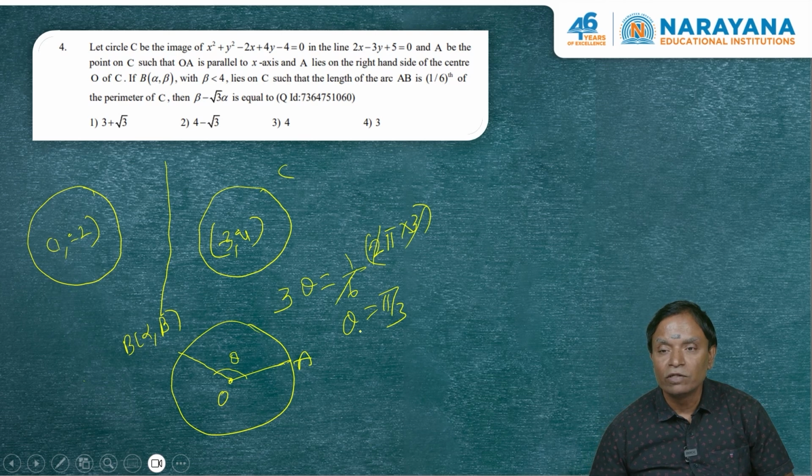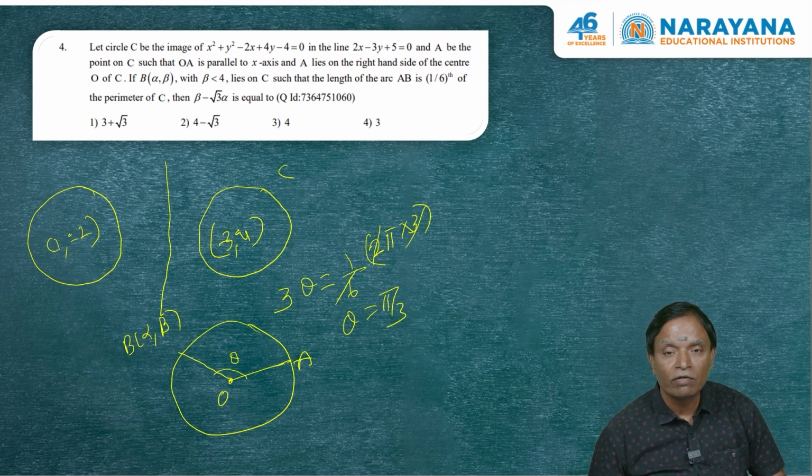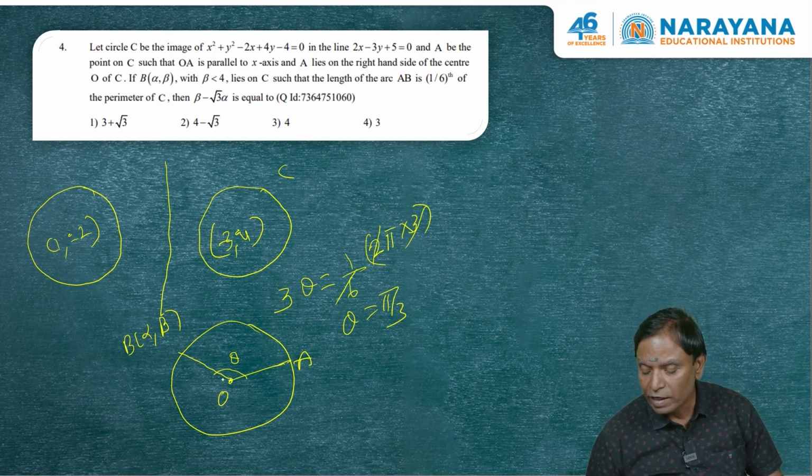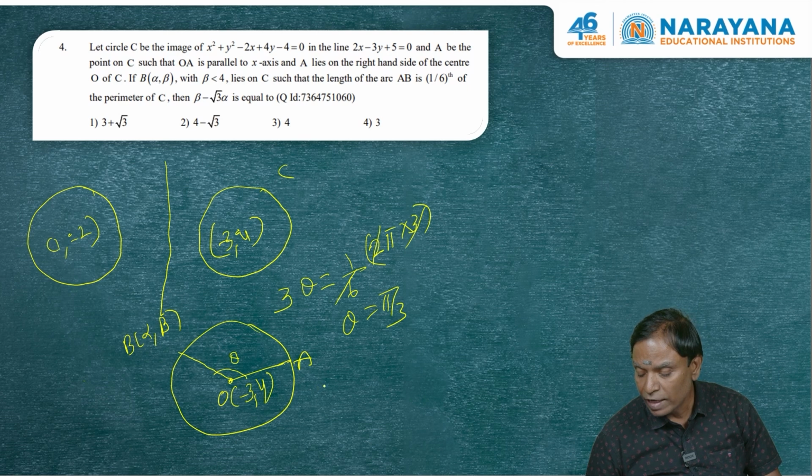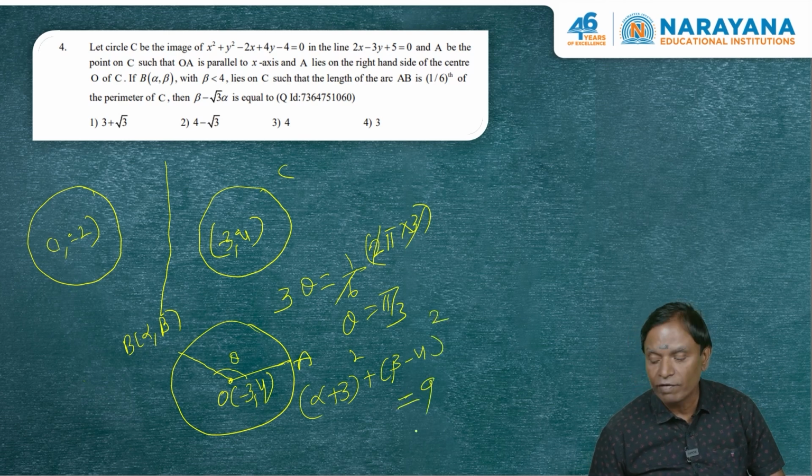Now we want the values of beta and alpha. You can solve this by using two things. One is (alpha, beta) lies on the circle whose center is (minus 3, 4) and radius is 3 units. So I can say (alpha plus 3) whole square plus (beta minus 4) whole square is equal to 9. This is one relation between alpha and beta.